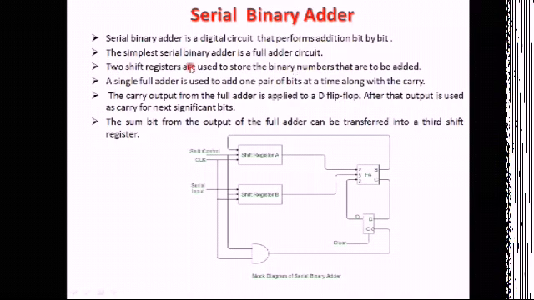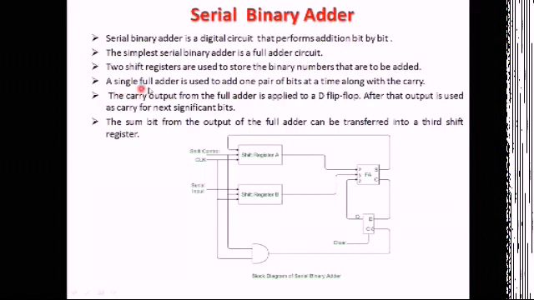So the next one is the serial binary adder. So what is a serial binary adder? A serial binary adder is a digital circuit that performs addition bit by bit. The simplest serial binary adder is a full adder circuit. Now there are two shift registers that are used to store the binary numbers that are to be added.